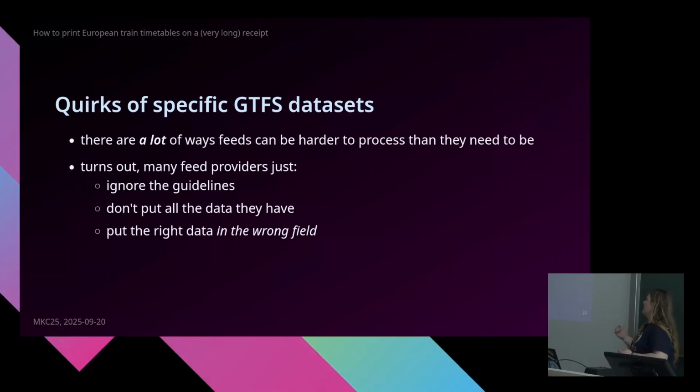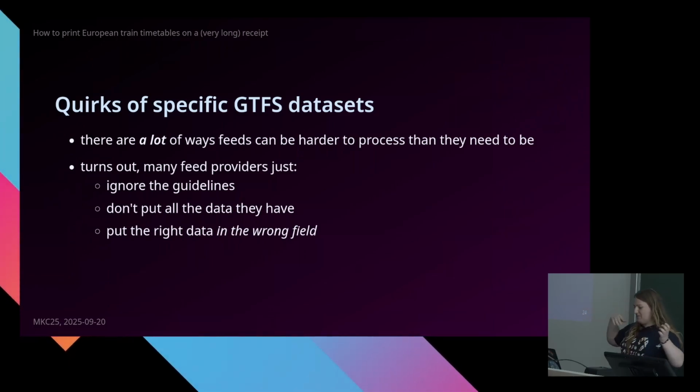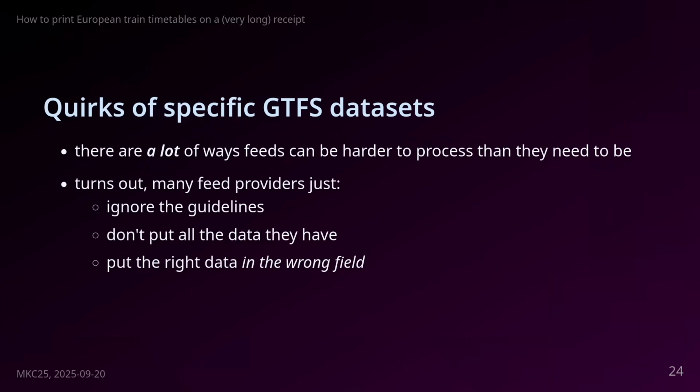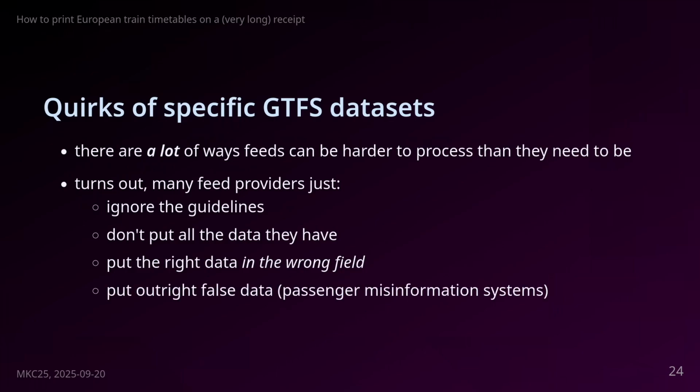Sometimes they do put the right data, but in the wrong field, which is what we've seen before. We'll see it in more detail later. And sometimes they just put outright false information, which, it's the 21st century. I guess we just need to bear with it that there's going to be passenger misinformation systems now, and they're provided by official transit authorities.